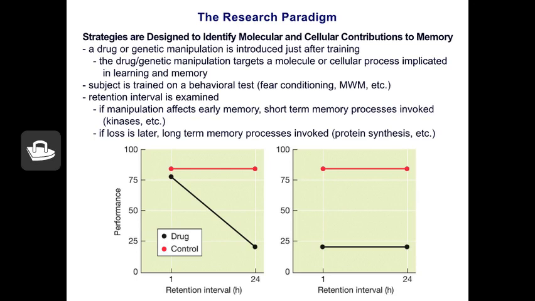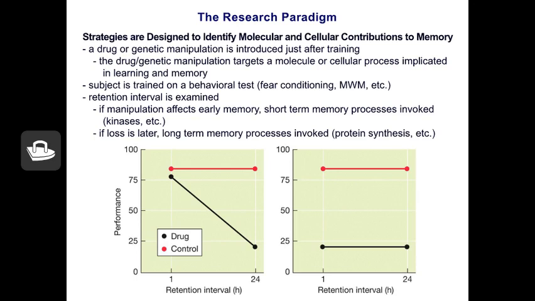Once shortly after the training and treatment intervention, like maybe 1 hour later, and once perhaps about 24 hours after the training and treatment. To illustrate this, I ripped off the graphs from your textbook because these really are just a generic description that doesn't refer to any individual experiment.